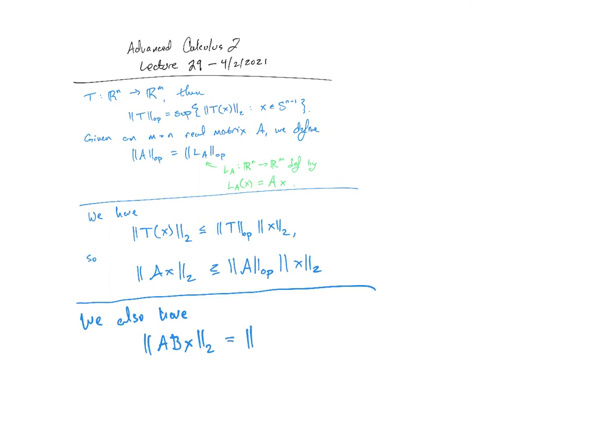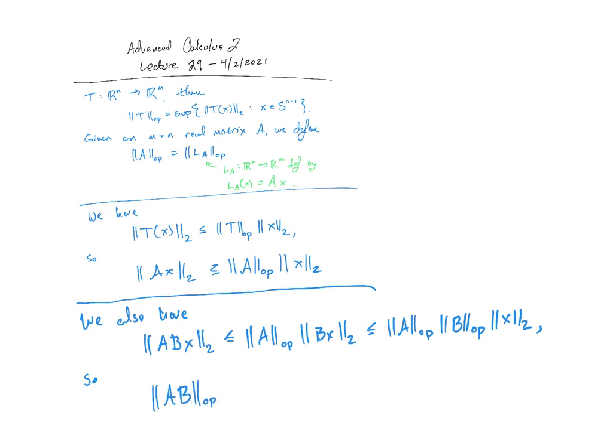This would be at most the operator norm of A times the 2 norm of BX. Well, that would be at most the operator norm of A times the operator norm of B times the 2 norm of X. And now you can look at this and say, what that means is that the operator norm of AB is at most the product of the operator norms.